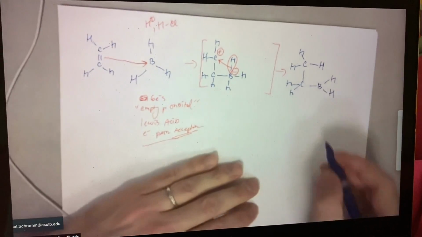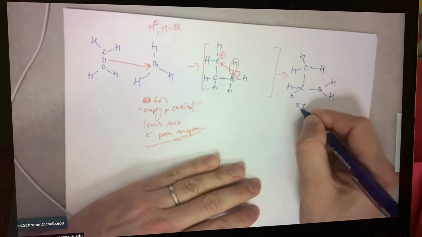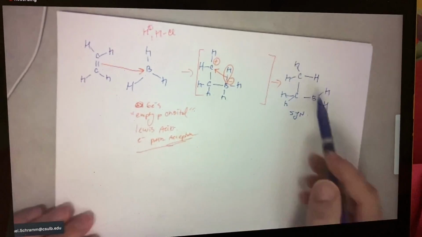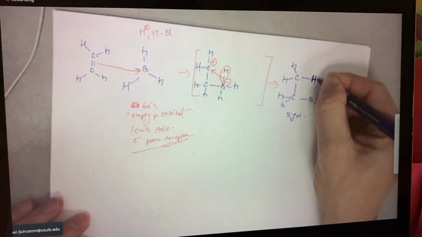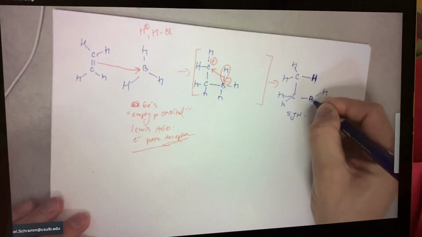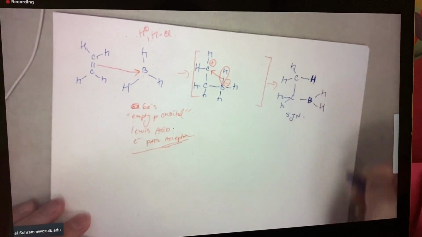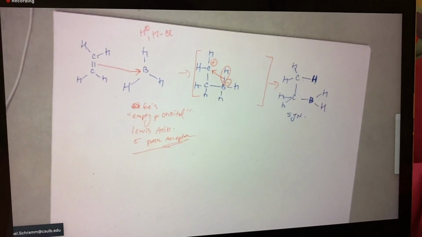And these two things have gone on from the same side by syn addition. This molecule, however, can freely rotate, so we don't see that, but this hydrogen, at least instantaneously, is inserted on the same side as this boron.